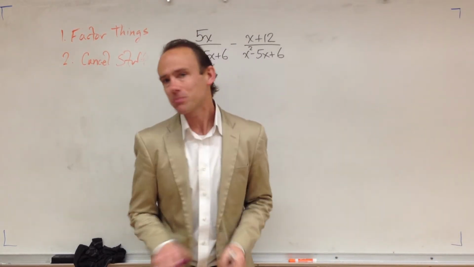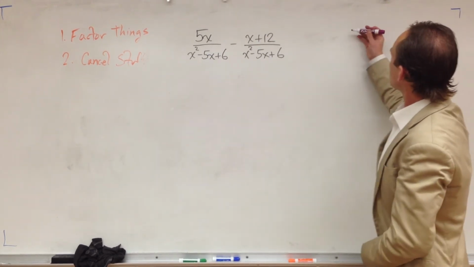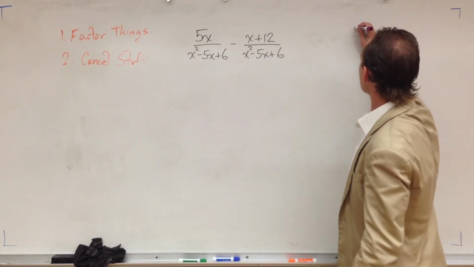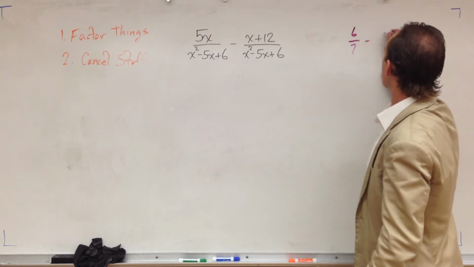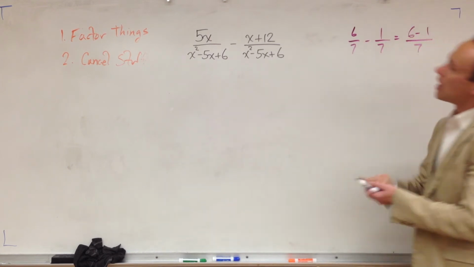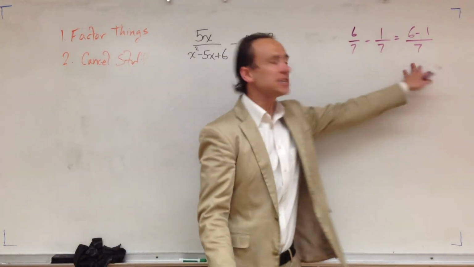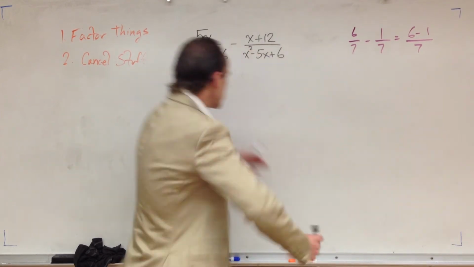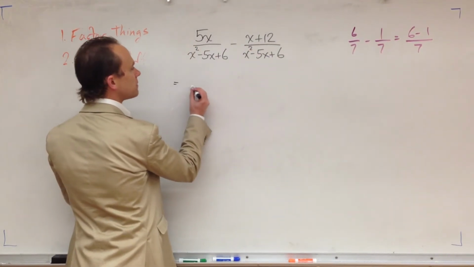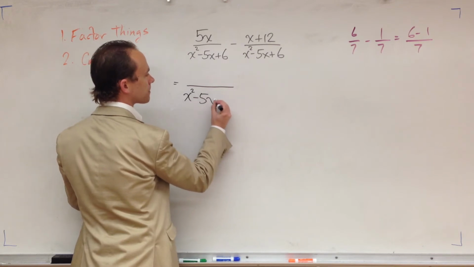And when you're trying this problem, I hope you looked at an example like the one I gave before, which was something like 6 over 7 minus 1 over 7 is 6 minus 1 over 7. Apply this to that problem. Tell yourself the denominator doesn't change. So go get that part first. First, rewrite it with the same denominator.